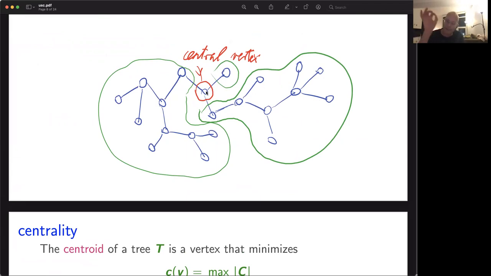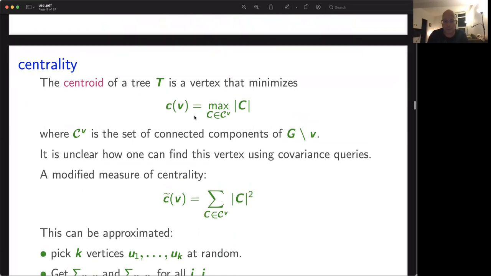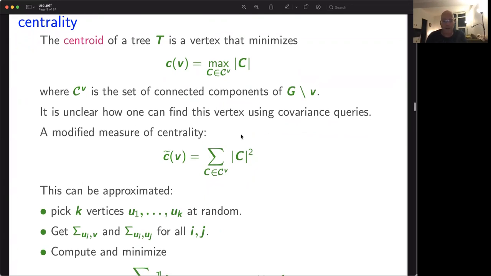But in the center, if we remove a vertex, then all subtrees will be small. So this is the centroid. But we don't know how to estimate this quantity. However, we can modify it. If we replace this maximum by a sum of the squares of the sizes of these subtrees, then this is a quantity that we can very quickly estimate.